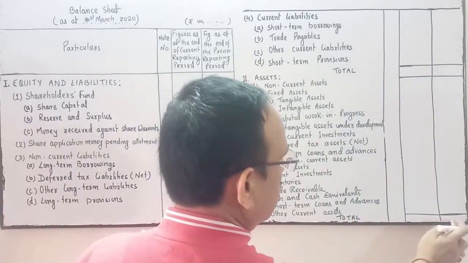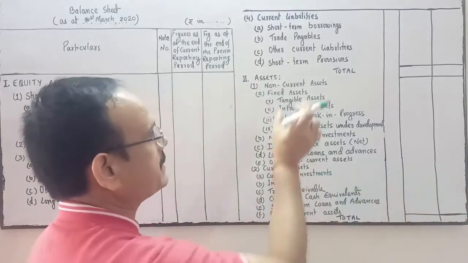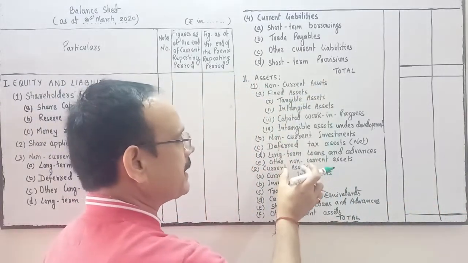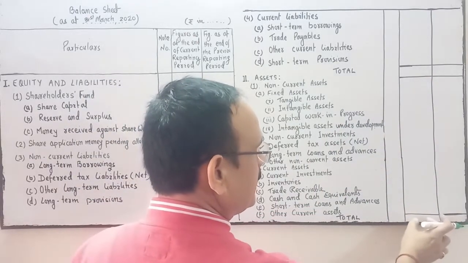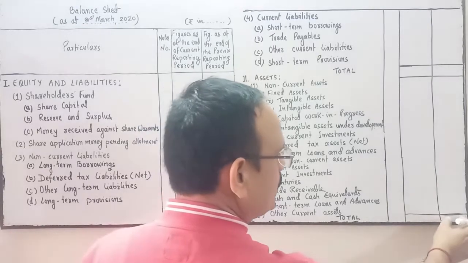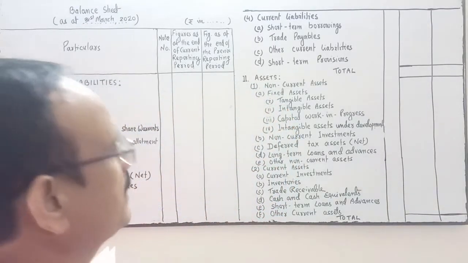This is the total of non-current assets and current assets. So total assets of the current reporting period and total assets of the previous reporting period. Is it clear?